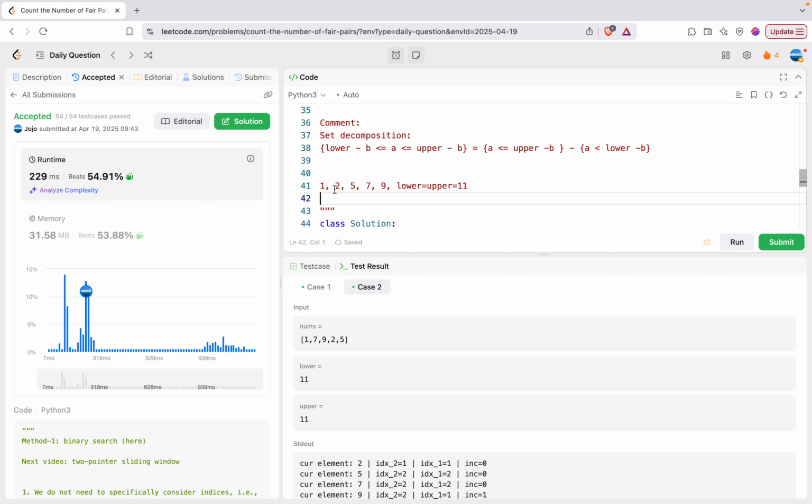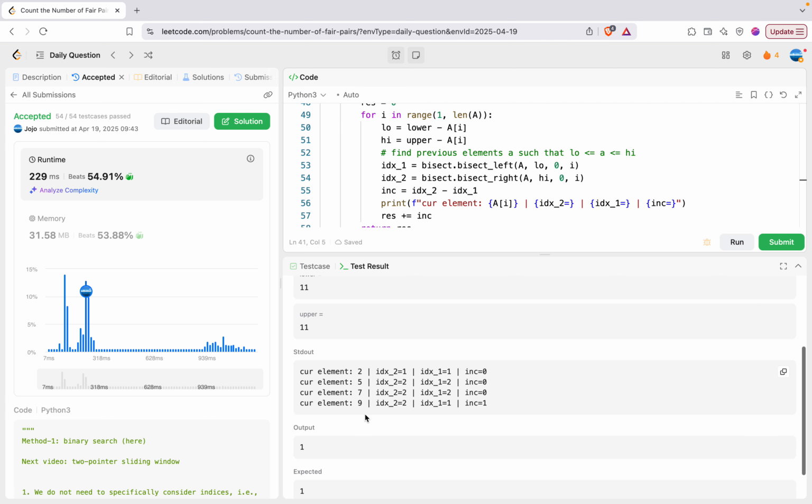So for each number, for example for 2, you are going to look at 11 minus 2, that is 9, but there is no 9 before. For 5, you are going to look at 11 minus 5, that is 8, so no element is 8. For 7, you are going to look at 4, but there is no 4. For 9, you are going to look at 11 minus 9, that is 2. So that's 1, 2, right? That's why the result is 1.